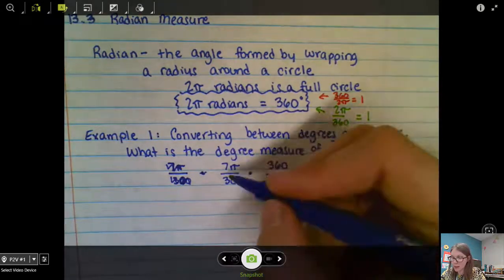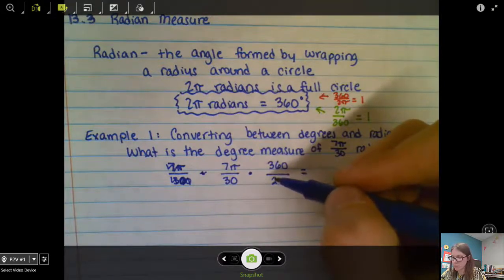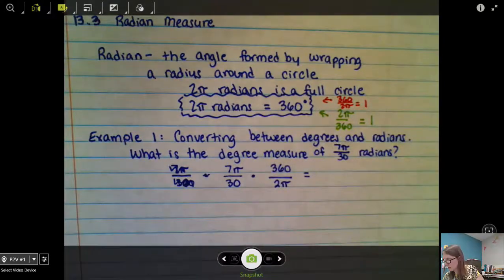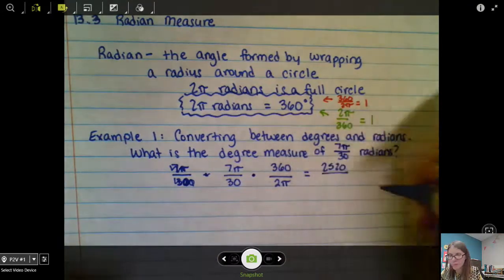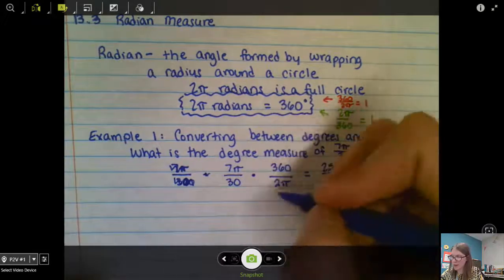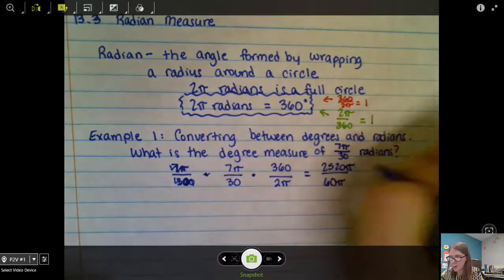So 7 times 360. Pretty big number there. 7 times 360 is 2,520 over 30 times 2 is 60 pi. We have a pi on the top.